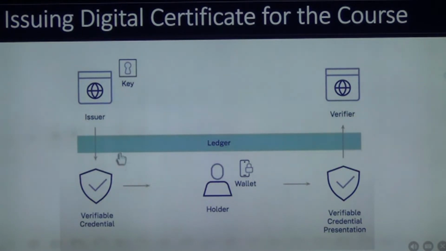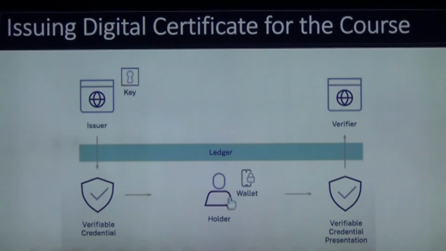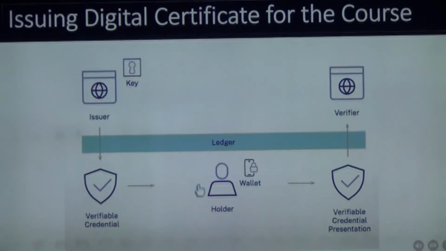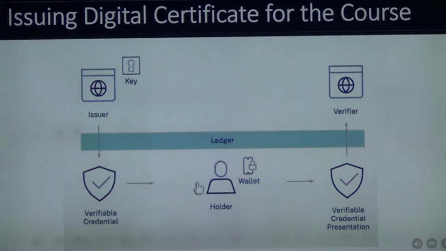It will come here and share its public key. Now the wallet and the verifier must have the public key of the issuer, and then you tell us your registration number and your name.